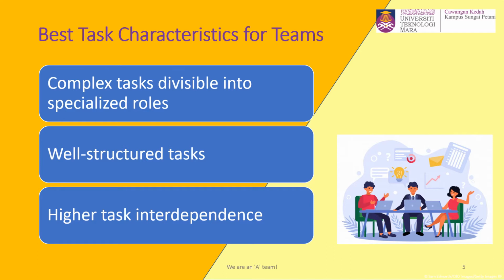Next, a team works well when all work processes are well structured. This allows everyone in the team to be very clear on how to proceed with the work. Another task-related influence on team effectiveness is the task interdependence. We're going to discuss task interdependence in the next slide.